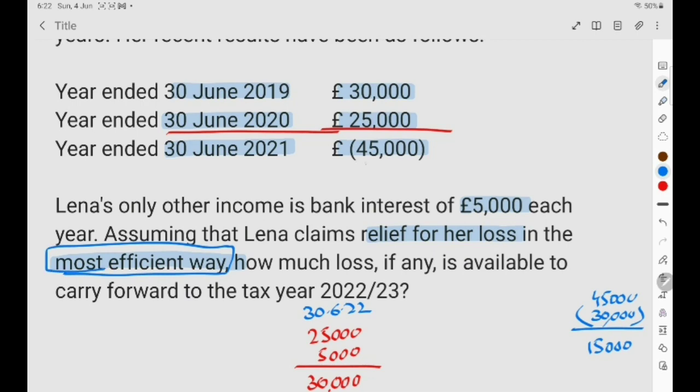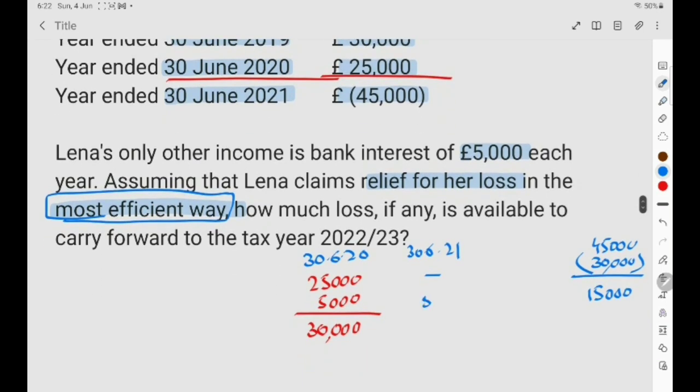And in the current year, no doubt we have an income of 5,000. There's a loss, so we will not record loss in 30th June 21. But our other income is 5,000. So we can set off this 5,000 of profit against the loss, but we won't.